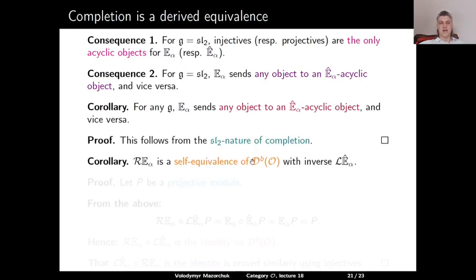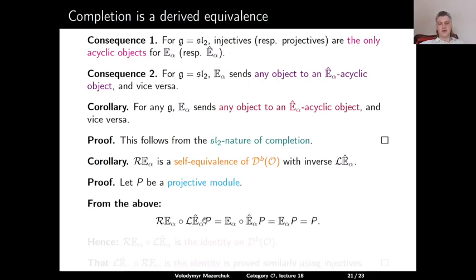Now we claim that the right derived of E alpha is a self-equivalence of the bounded derived category of O with inverse left derived of E alpha hat. Proof. Let P be a projective module. So if we compute the composition of taking first the left derived of E alpha hat and applying it to P, and then taking the right derived of E alpha, E alpha hat is itself acyclic on P, so we can just apply E alpha hat, but then this image is acyclic for E alpha, so we can delete R as well.